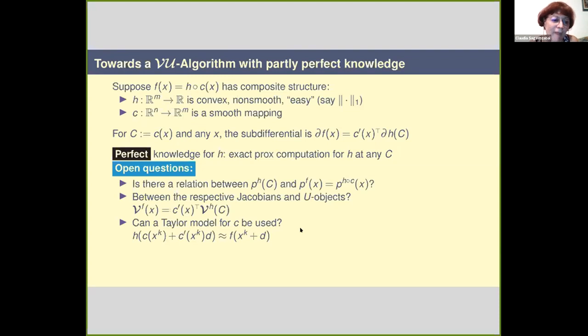And for that, it could be useful perhaps to use some enlargement.